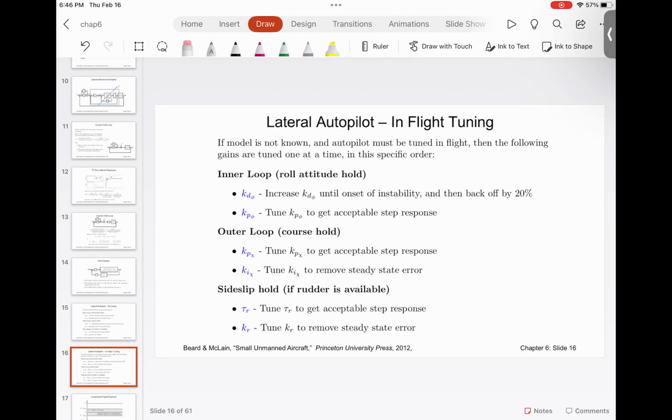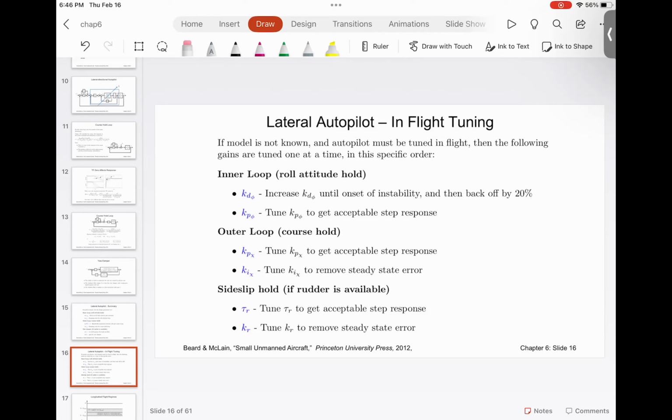So what does that mean? Change KD so that you are here, and then all of a sudden go back by 20%. So you get this much amount of stability margin. That's what it means. And then KP is like you look at the step response, because KP dictates how fast or how slow the system responds.